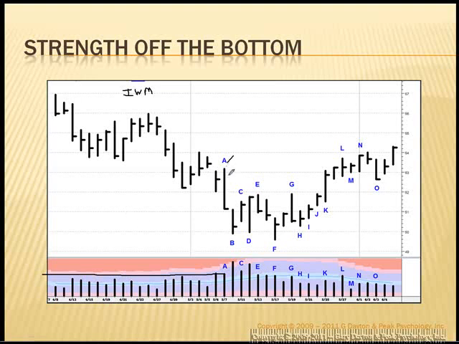So what does this mean? It's breaking down through supports and it's closing on its lows. Are there buyers in here, or is it sellers that are in control? Who's in control here? It's weakness, right? Yeah, sellers are in control. You'd have to say that. Supply is overcoming demand on this bar.